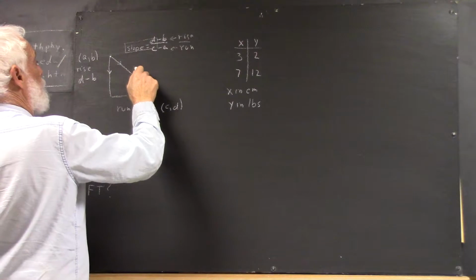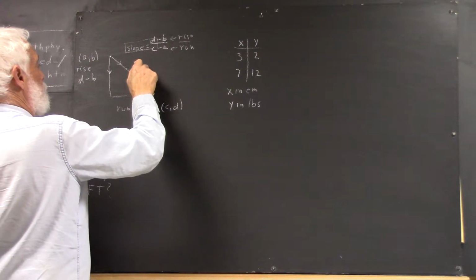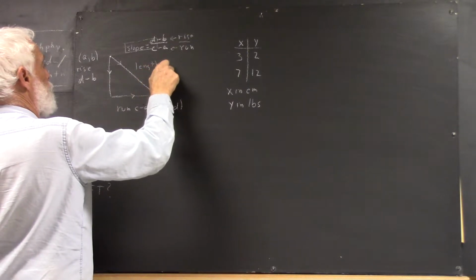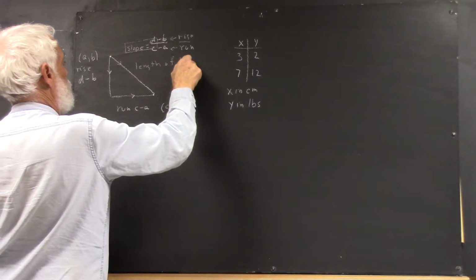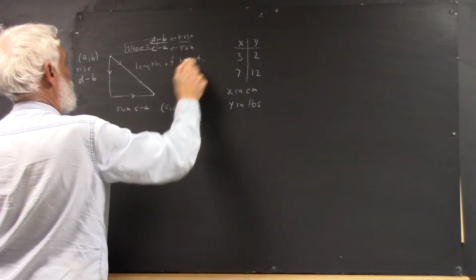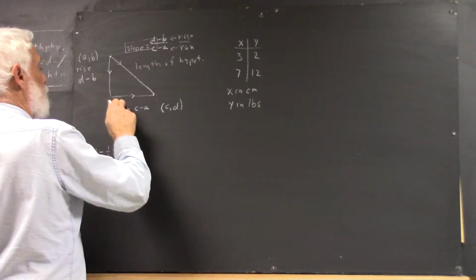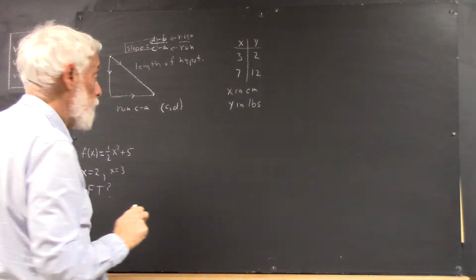Okay, the length of the hypotenuse, and I'll abbreviate hypotenuse, is what? It's the square root of the sum of the squares of the legs.